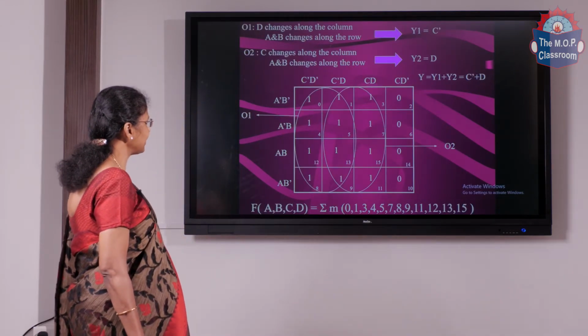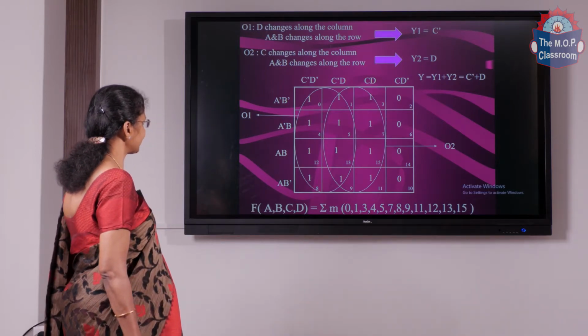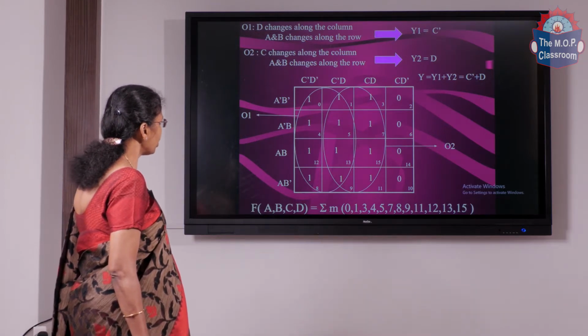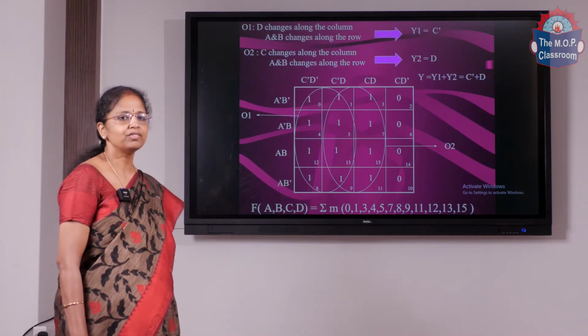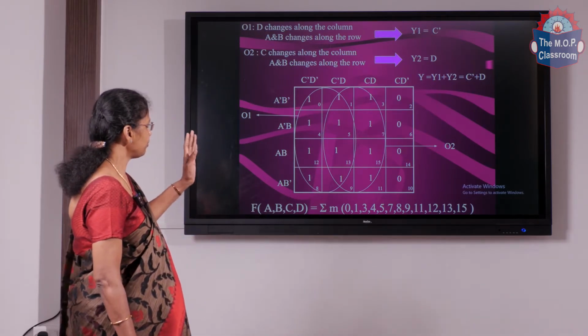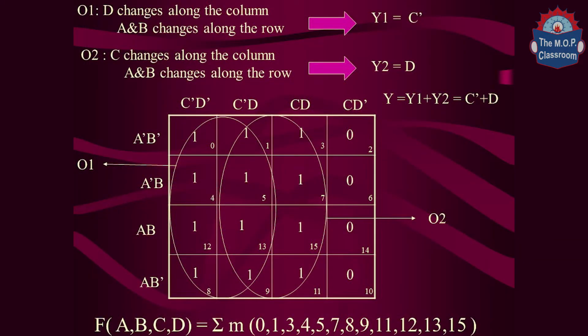So, again the same example where we have two octets. Now, let us take one octet at a time. We will take octet 1, O1. Now, this octet has ones in the first two columns and in all the 4 rows. So, if we go from first column to second column, the variable D is changing from complemented to uncomplemented form.